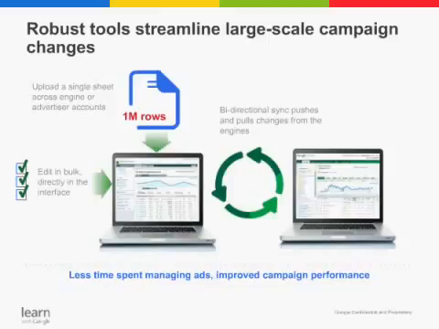First, you can create and edit objects in bulk for a single engine account directly in the interface. Second, you can use bulk upload sheets to create or upload changes across engine accounts and advertiser accounts. So that's if you manage multiple client accounts across multiple engines. And lastly, you can automatically pull in changes from the engine using our inbound sync functionality.